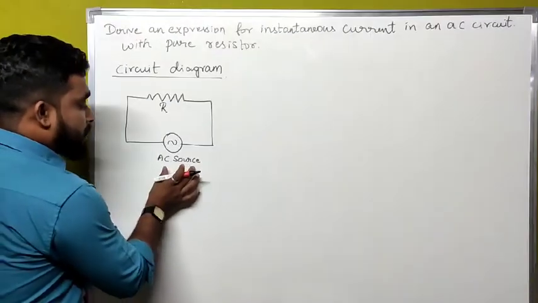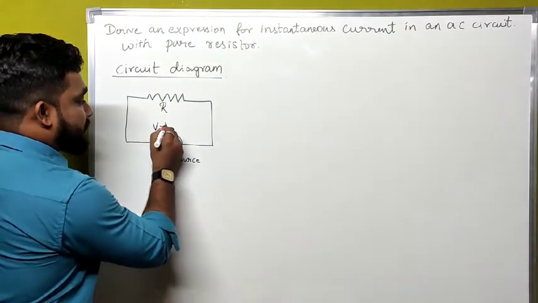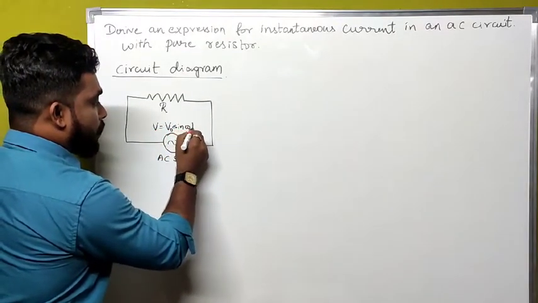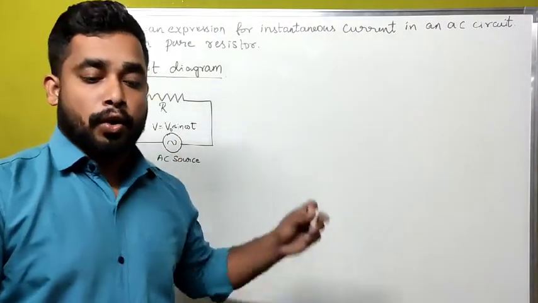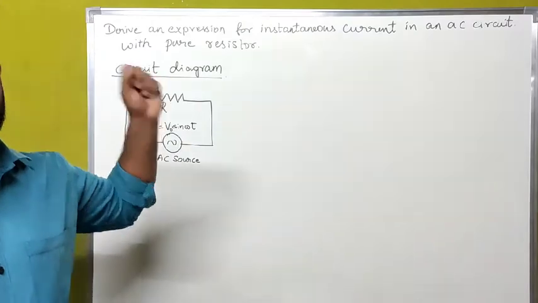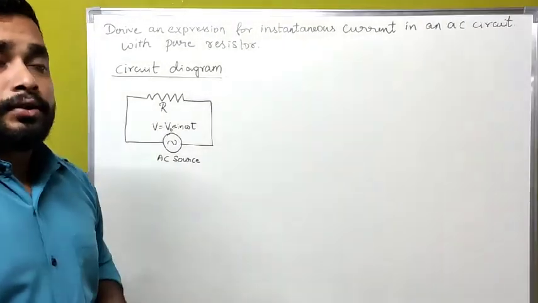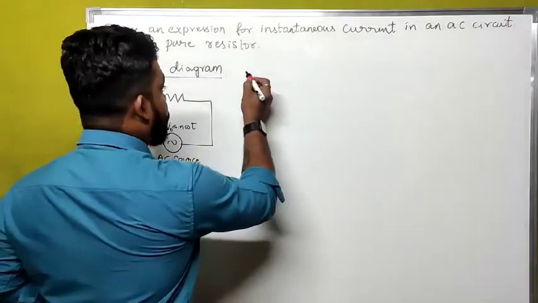This is the AC source. I am going to write the equation V is equal to V naught sin omega t. This is the expression for instantaneous voltage. But I have also said that we have to write a phasor diagram.